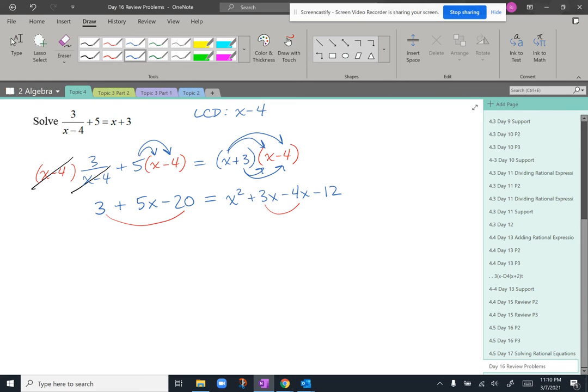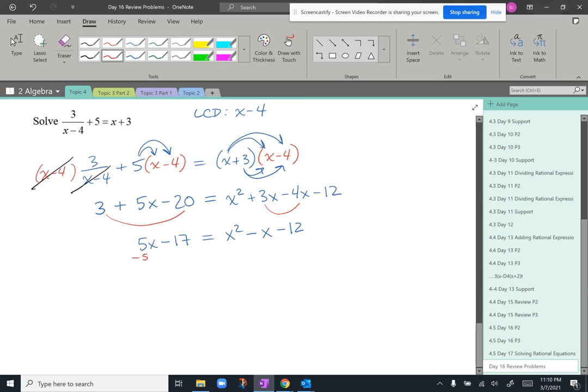When I do that on the left side, I've got 5x minus 17, and that equals x squared minus x minus 12. If I subtract the 5x from both sides and add 17 to both sides, what am I left with?